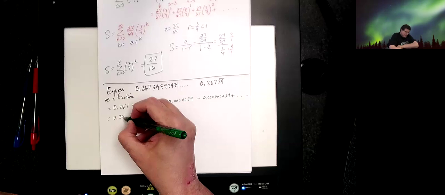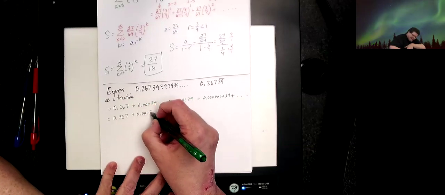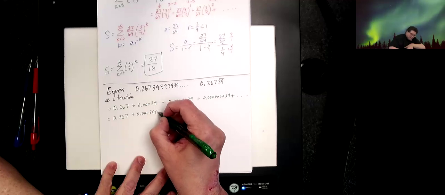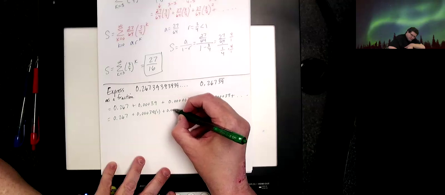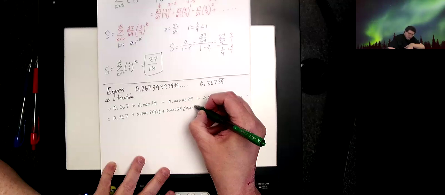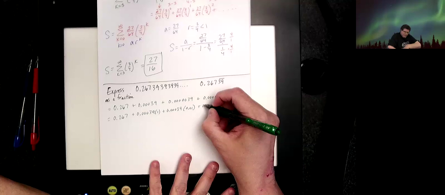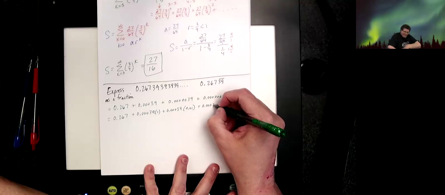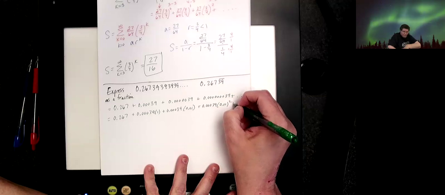And so that's going to equal, this is like plus 0.00039 times 1, plus 0.00039 times 0.01, plus 0.00039 times 0.01 squared.